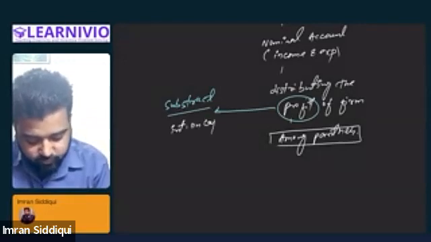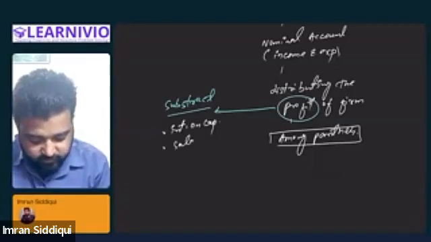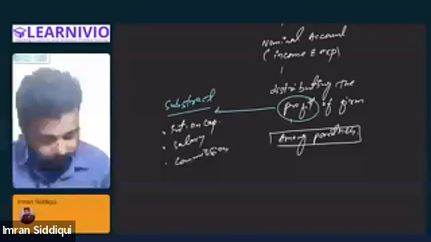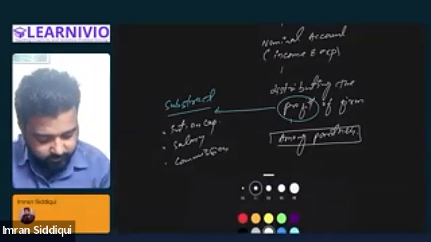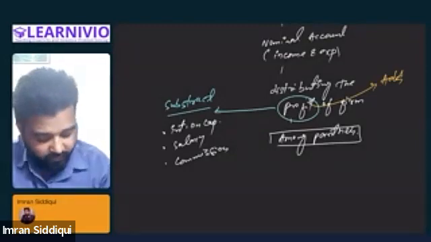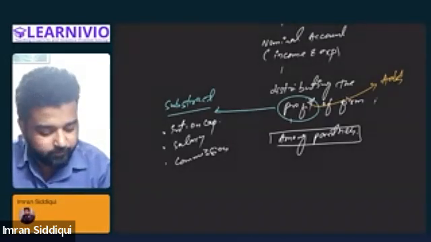We need to subtract the salary and the commission that partners will be getting. After subtracting all of this, we also add certain things, like interest on drawings, to that profit.